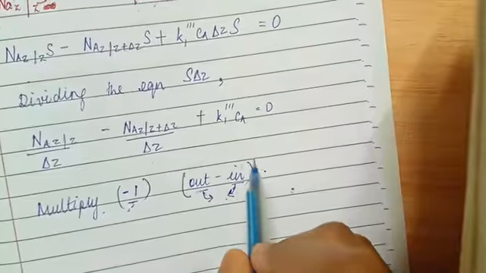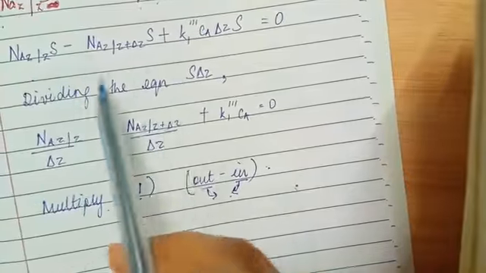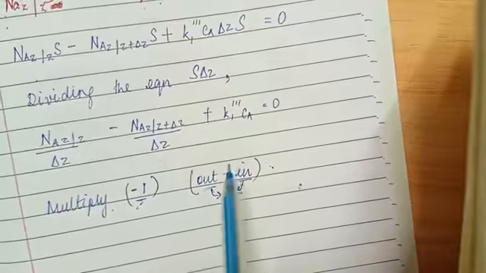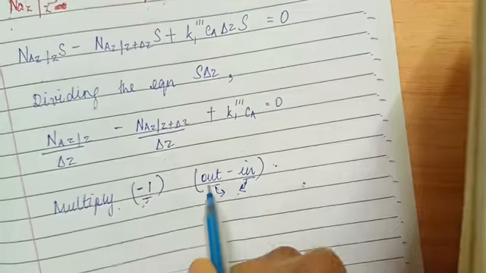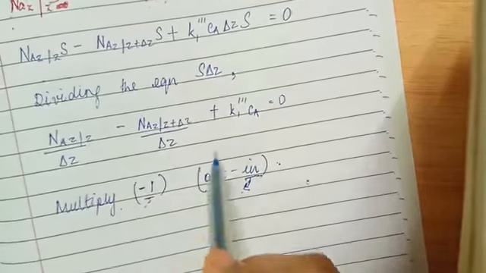In a similar way, here also, as we are working with the flux or the rate of mass of A going in and out, just in order to get the out minus in condition, we multiply the whole equation with minus 1.